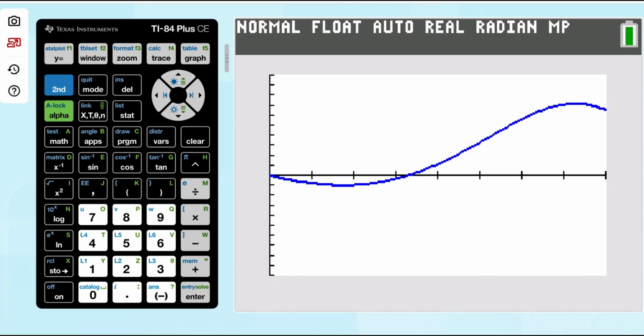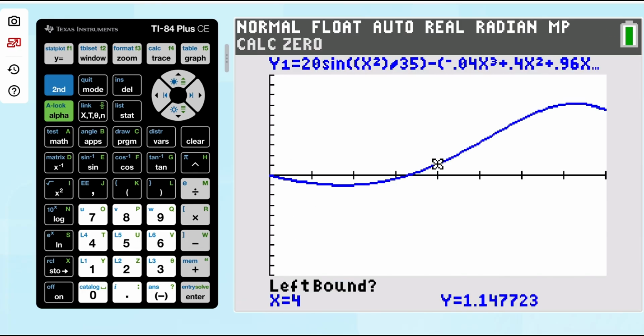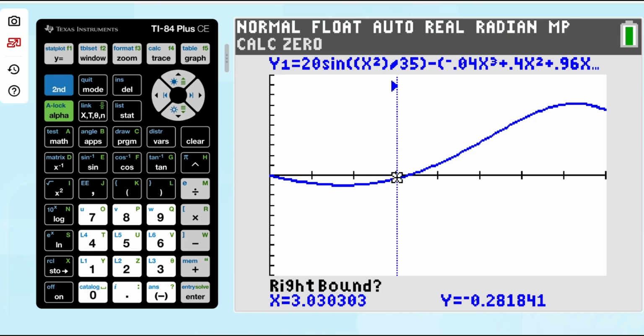It's this one right here in the middle, looks like between 3 and 4. So we'll hit second and trace. Go down to option 2 for zero, which is going to find that x-intercept. It starts off saying left bound, so you want to go to the left of your intercept and hit enter. When it says right bound, go to the right of your intercept and hit enter.